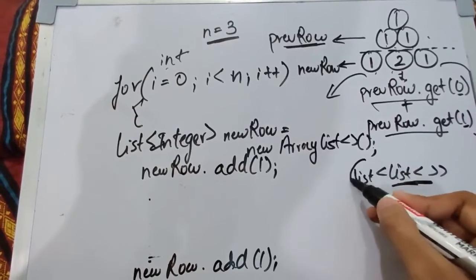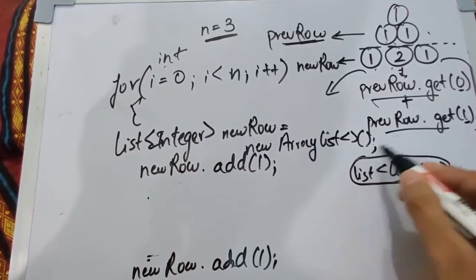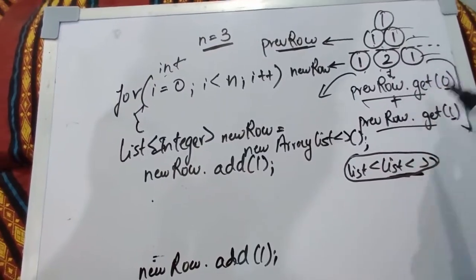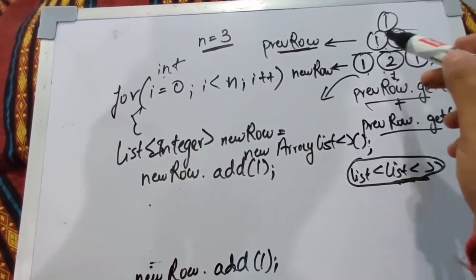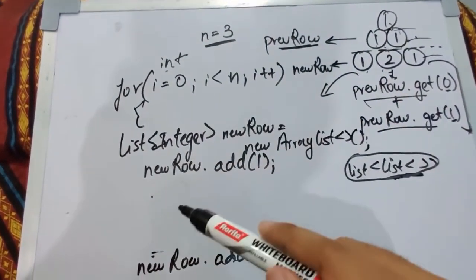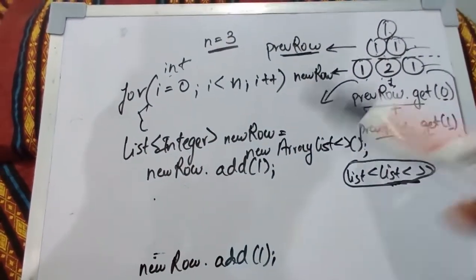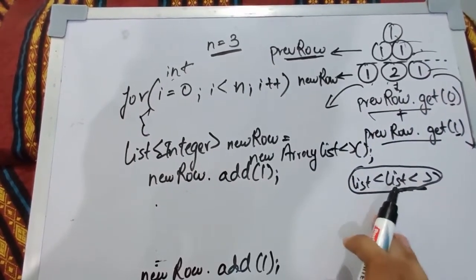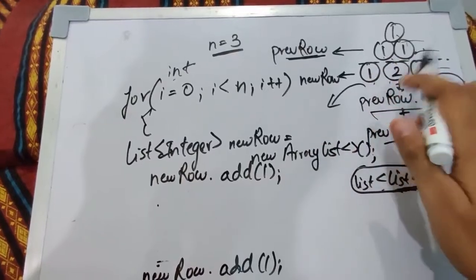So this one is containing all the rows. It will contain your first row, your second row, and your third row. So this list is already having the first and second row. I forgot to put that in the last explanation, but I will write that in the code, so it will be simpler. Right now you can just imagine this list is having your first and second rows.